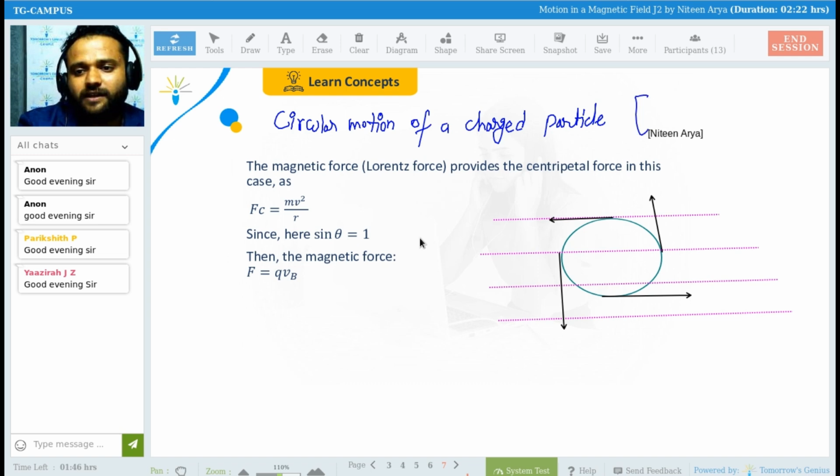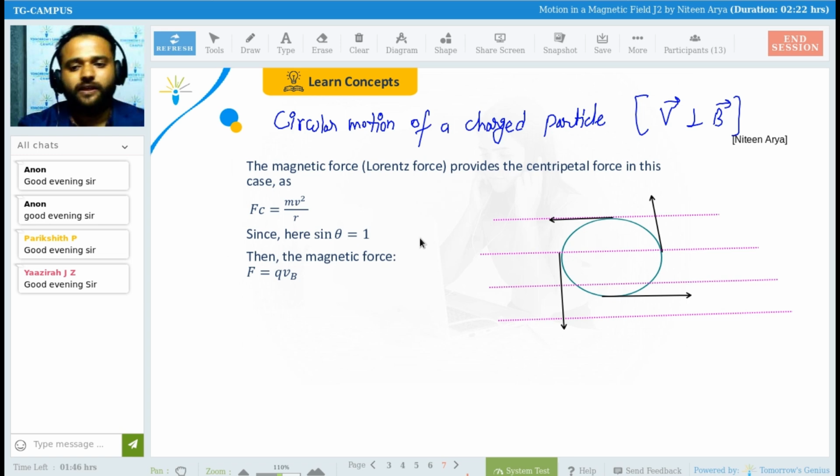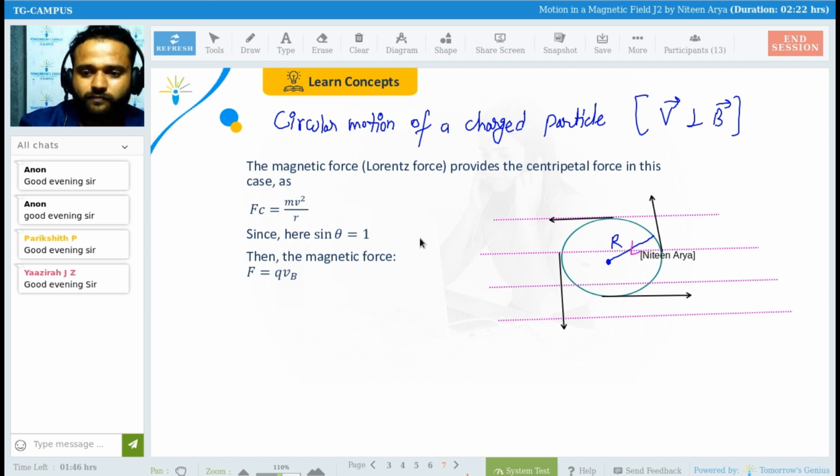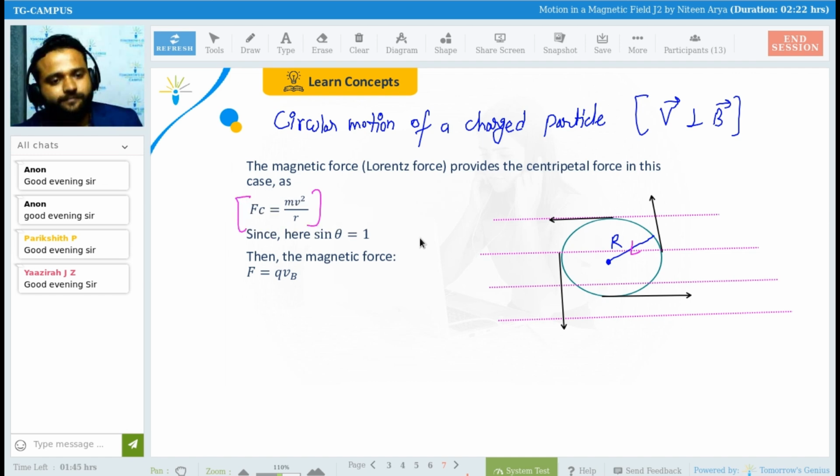And this is when V is perpendicular to B. So there is a force going towards the center. Suppose this is your center, with radius R. Towards the center we have the centripetal force, which is mv square by R. You know this, everyone?